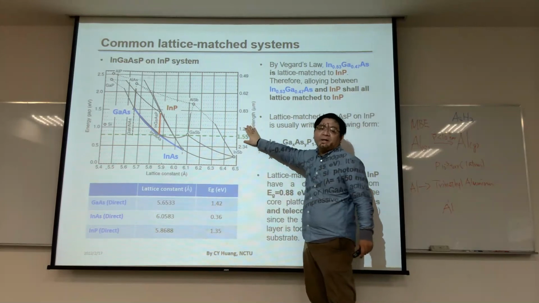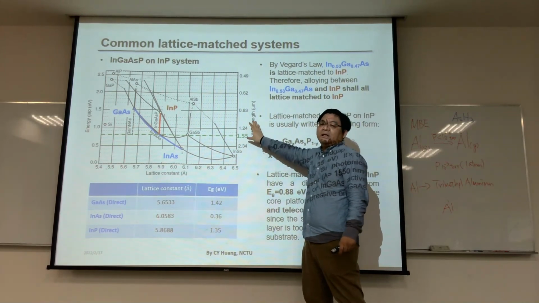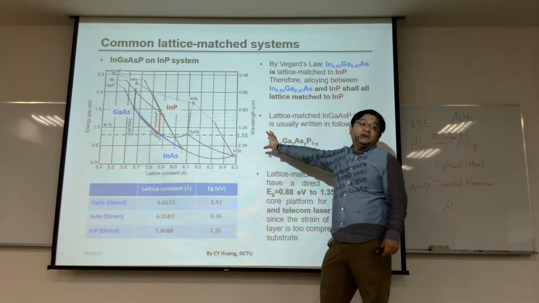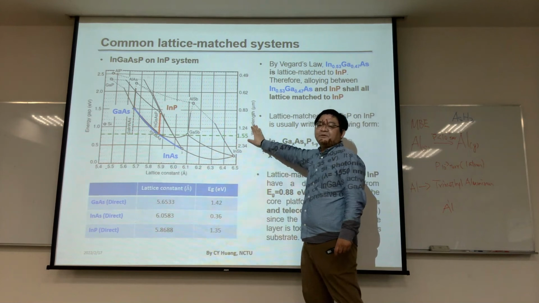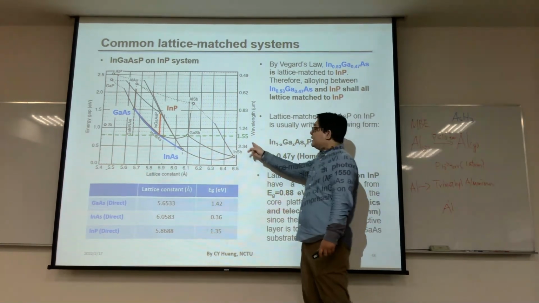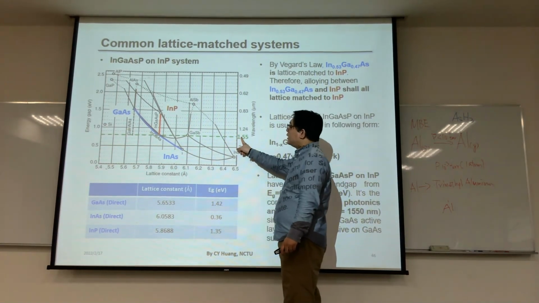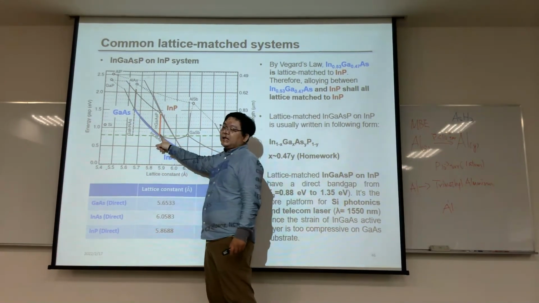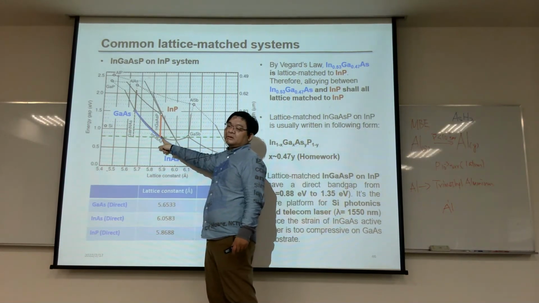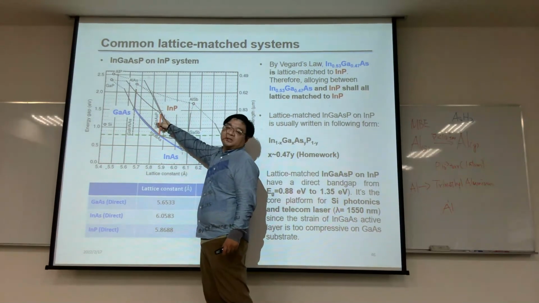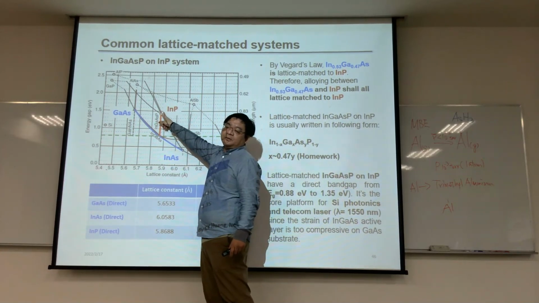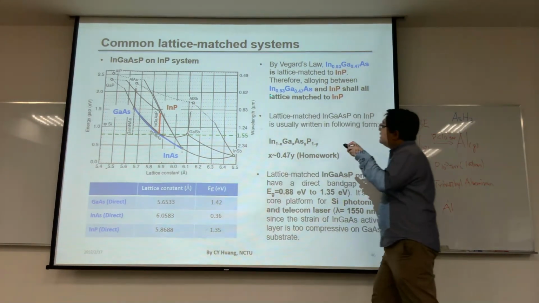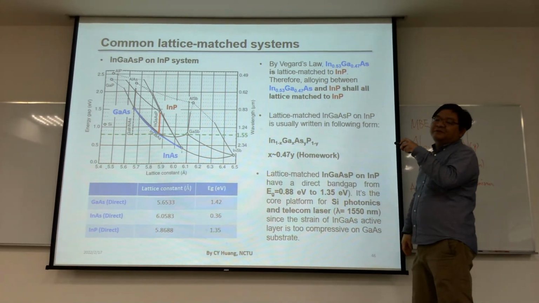Why 1.5 micron? Because 1.5 micron has very low absorption in optical fiber, so it's the wavelength for optical communication. If you want to make a light source at 1.5 micron, you might use indium gallium arsenide with 53% indium, which is lattice matched to indium phosphide.